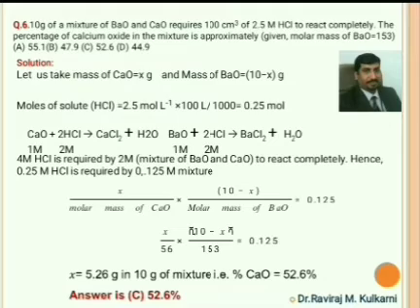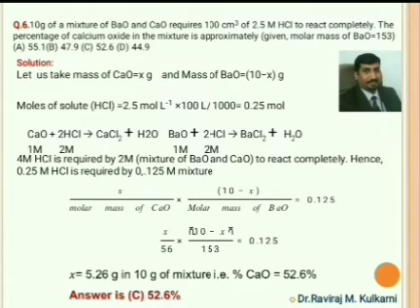So you see the reaction now. 1 mole of calcium oxide reacts with 2 moles of HCl giving calcium chloride and water. Barium oxide also reacts with 2 moles of HCl giving barium chloride and H2O. 1 mole of calcium oxide requires 2 moles of HCl, and 1 mole of barium oxide requires 2 moles of HCl.